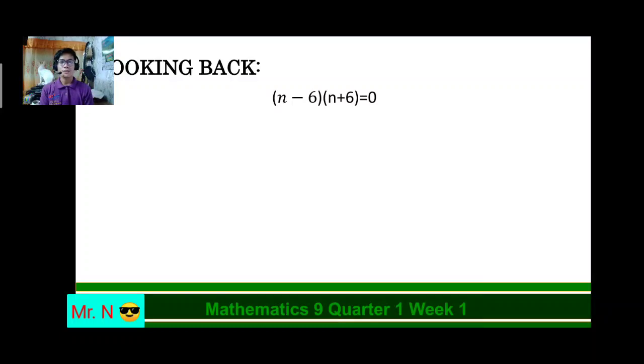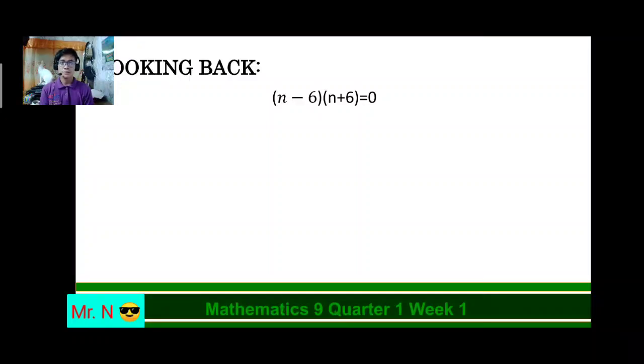Let's have this given equation: quantity n minus 6 times quantity n plus 6 is equal to 0. We have many kinds of equations, but this time we're just going to mention two of them, the linear and the quadratic. Always remember, you should always equate a given equation to 0.